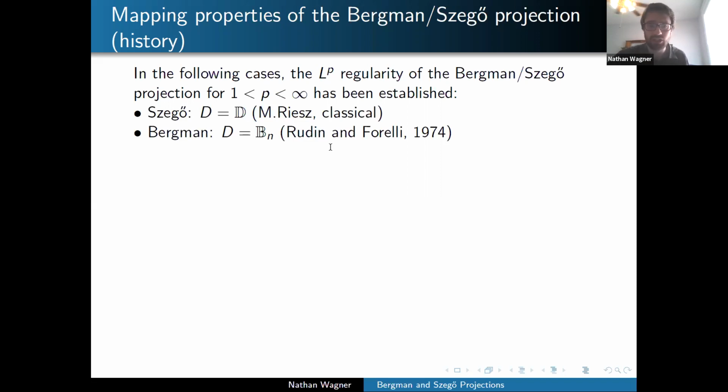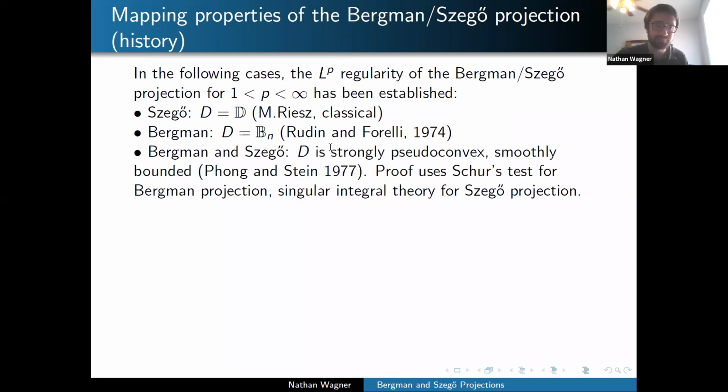The Bergman projection, as I said, was done for the ball by Rudin and Forelli in 1974. Okay, and so the next big advance was for strongly pseudoconvex domains with smooth boundary, and that was done both for the Bergman and Cauchy projection by Phong and Stein in 1977.